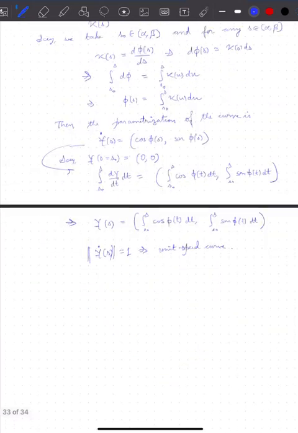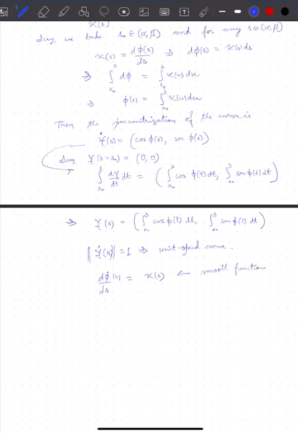And furthermore, if we take d phi by ds, then this gives us kappa of S, which means that this is what we had started with. This is the smooth function we are talking about, using which we built our curve.